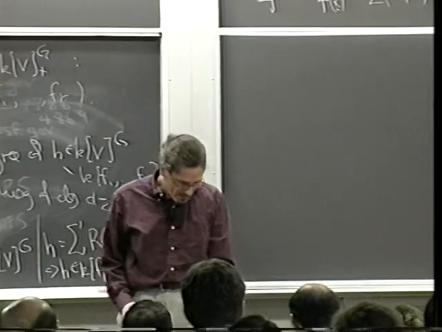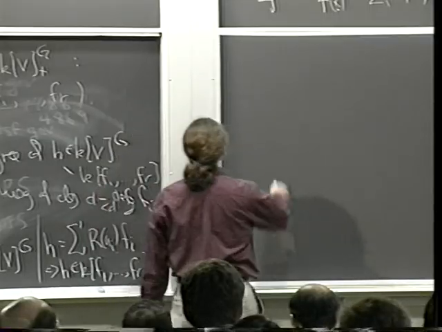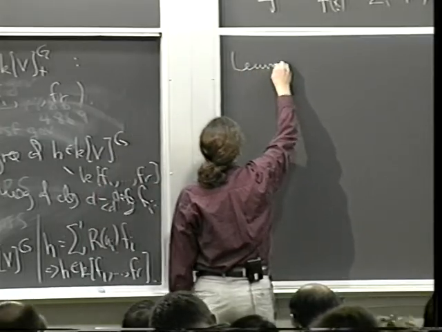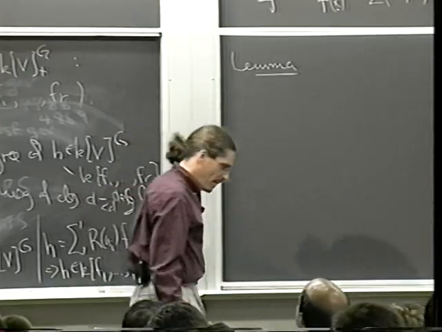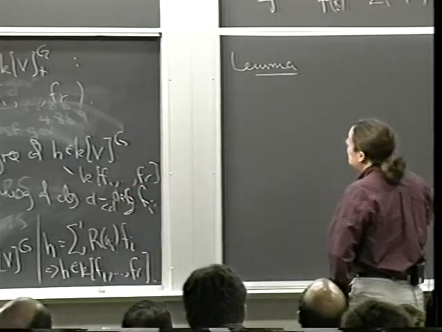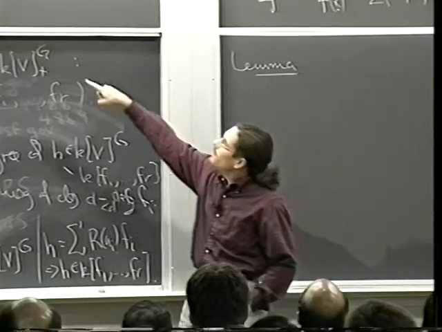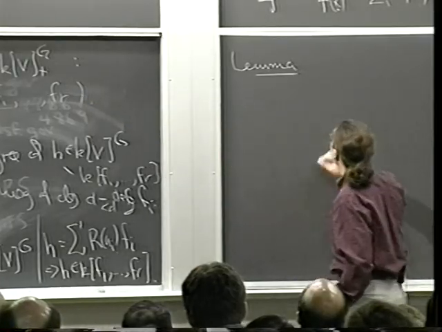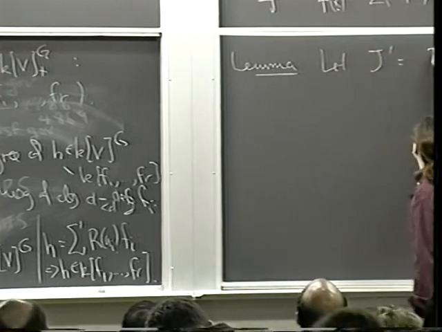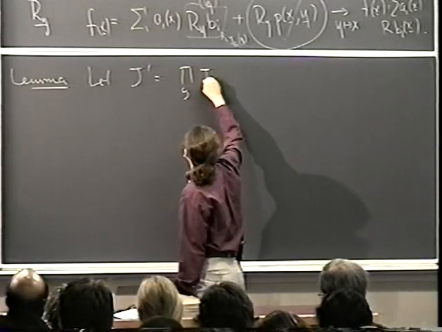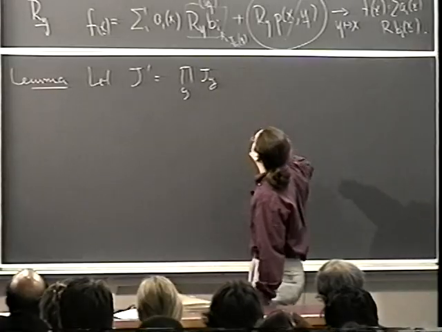Okay, so let me give you a third lemma, which is even simpler, which doesn't have a name. But suppose that instead of taking the intersection of the J_g's, I took the product there. Okay? So let J prime equal the product over all g of J_g. And let's do the same thing as Derksen.